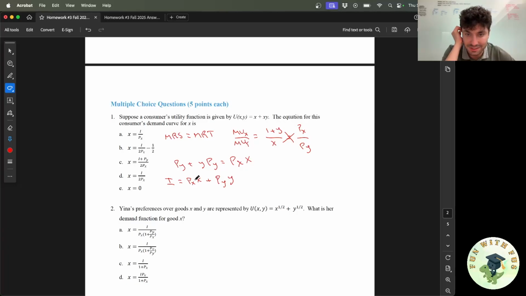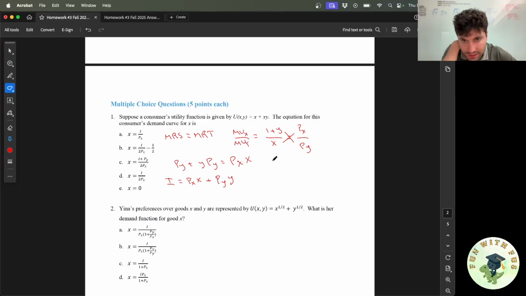I see that price of x and x match up, but we want to solve for x here. A little tip and trick here is whichever one you isolate will be the opposite of what you get. So I want to isolate for y here, because by isolating for y, it will spit out x, which is what I want my final answer to be. So I will scooch that little guy over.